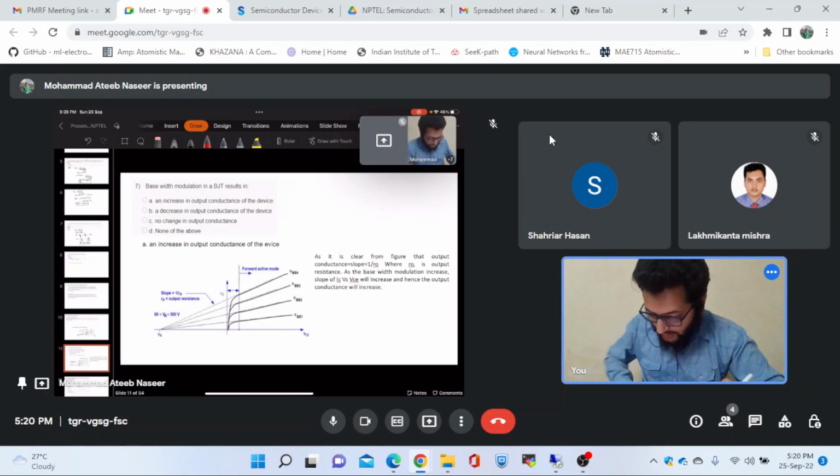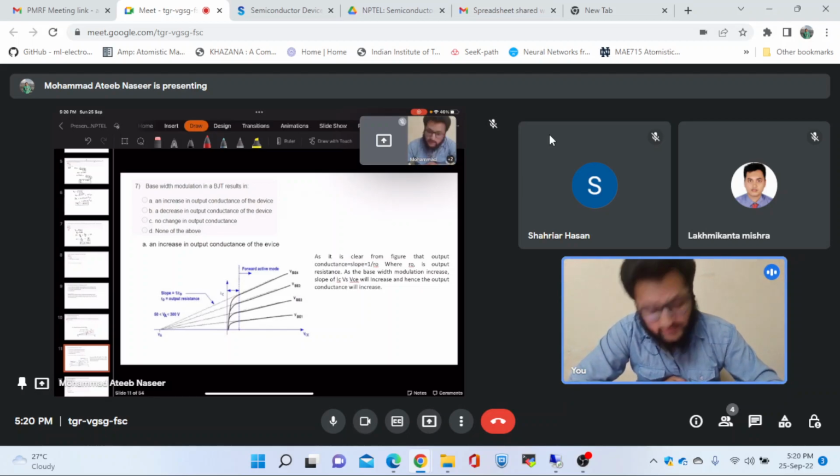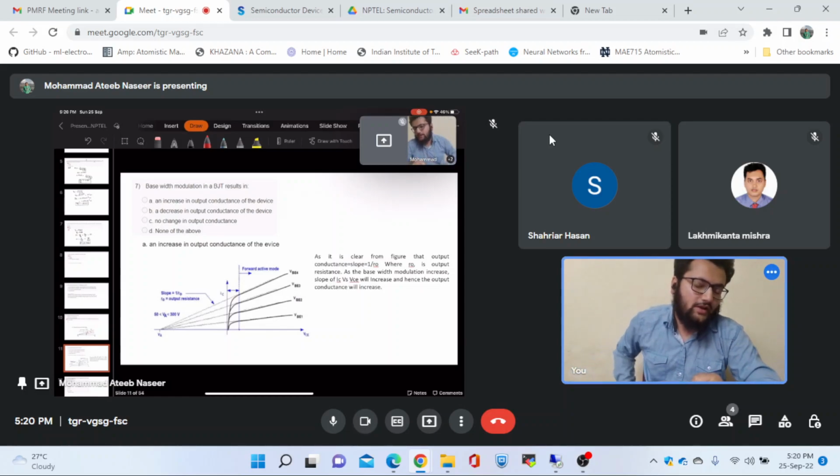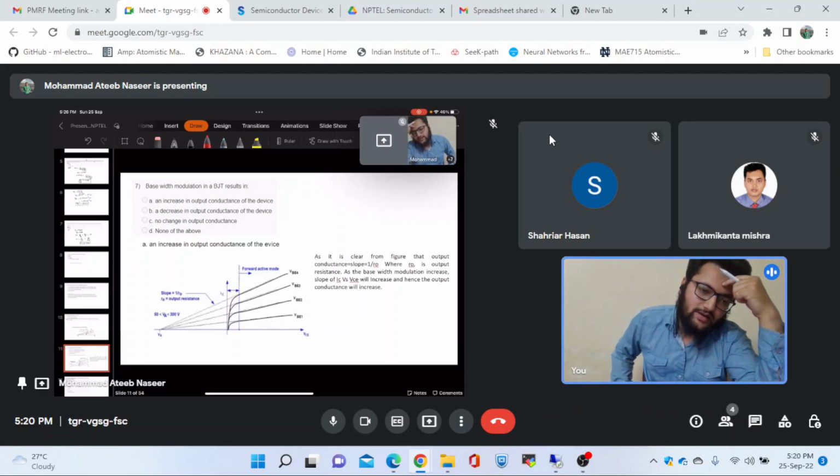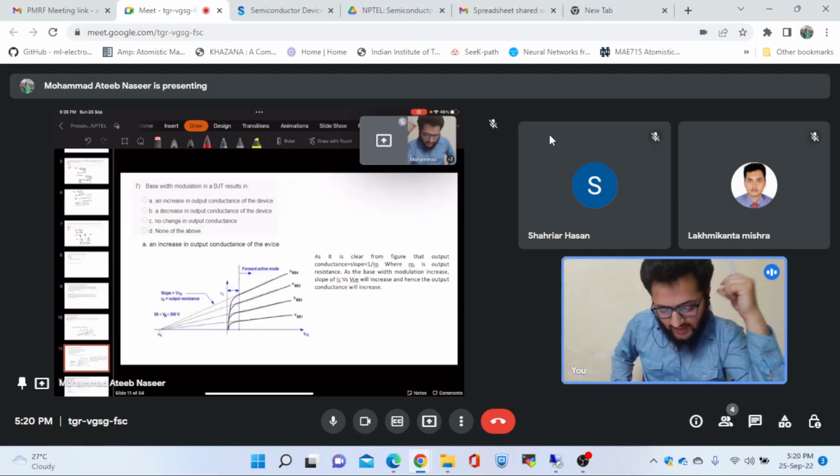If we see this IC versus VCE, this is due to the base width modulation. As we know, the base width will change with the bias. We have already seen in PN junctions how the depletion width changes with the bias, so the base will not have the same width because of this depletion change.